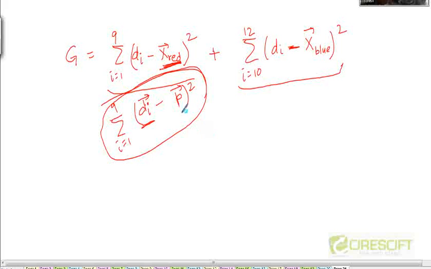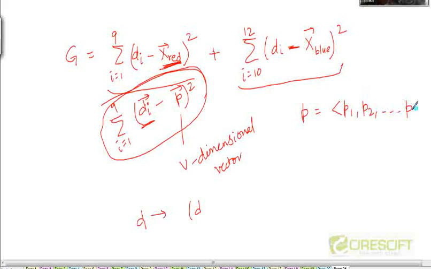And obviously P is a v-dimensional vector, so if you're getting confused about the vector itself, note that each individual term, let's say we look at document D1. Let's say P is a v-dimensional vector, P1, P2 till PV, and D1 is also a v-dimensional vector, D11, D12, D13 and so on up till D1V.